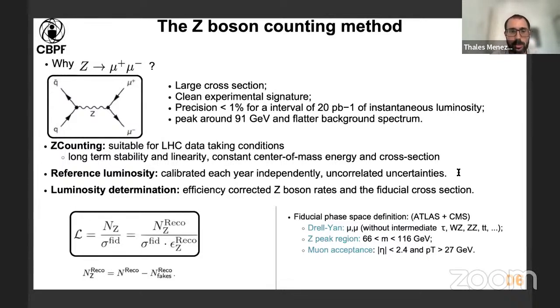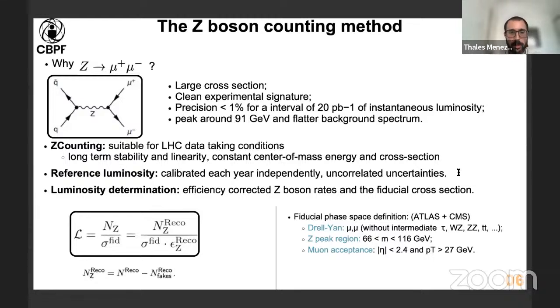Why this method is interesting is because it's suitable for the LHC data-taking conditions that we have. We can exploit the constant center of mass energy and, as a consequence, the cross section of some process throughout the whole run, for instance, Run 3.